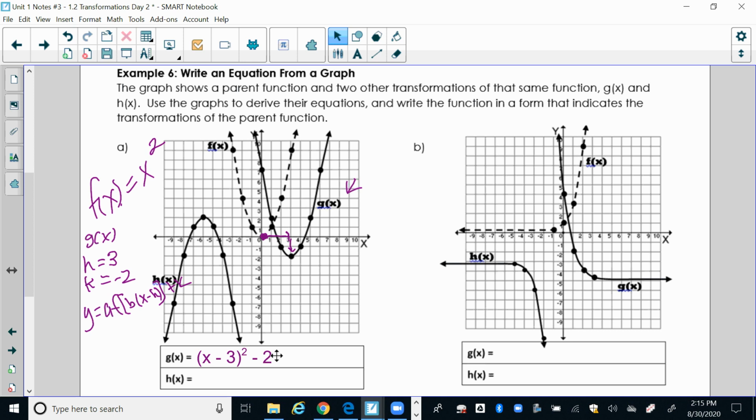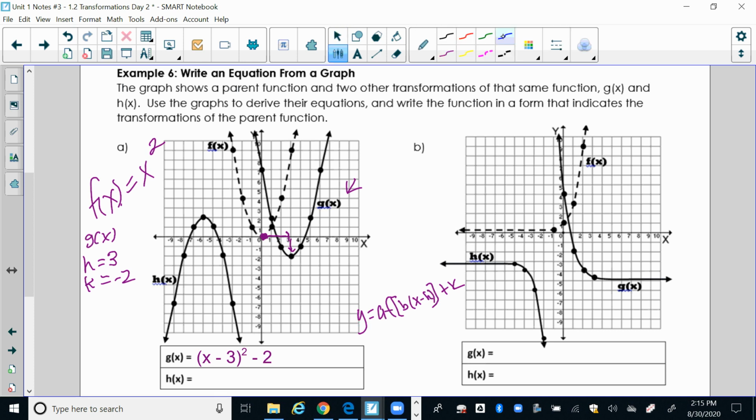Now, taking a look at h of x, it appears that we have a horizontal translation left 6.